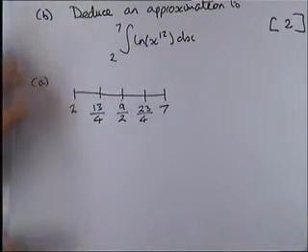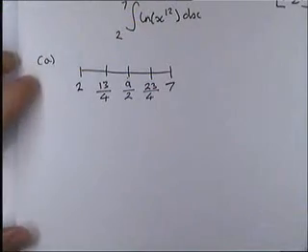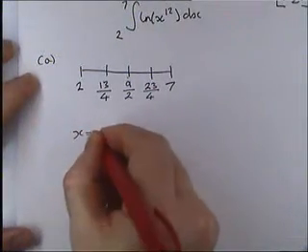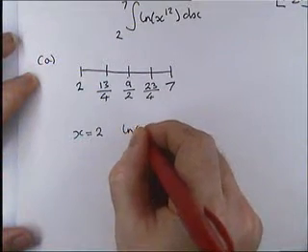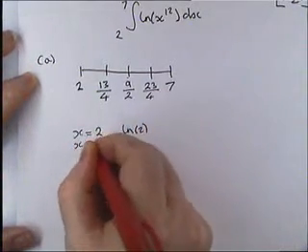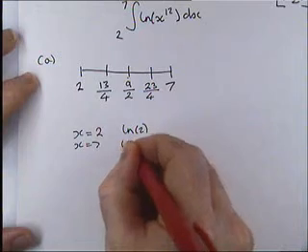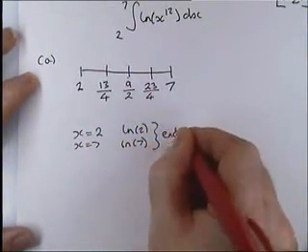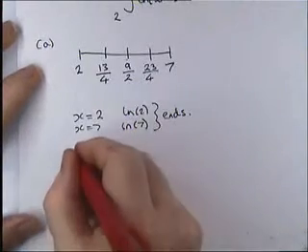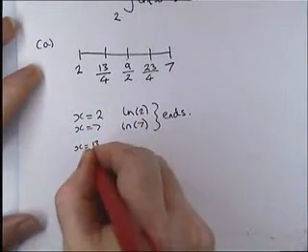So now we're going to use Simpson's Rule like we did last time. So let's deal with the ends first. So we've got x equals 2. We're going to substitute log of 2. And x equals 7. We're going to substitute log of 7. So there are the ends. Now we're going to deal with the odds. x is 13 over 4.